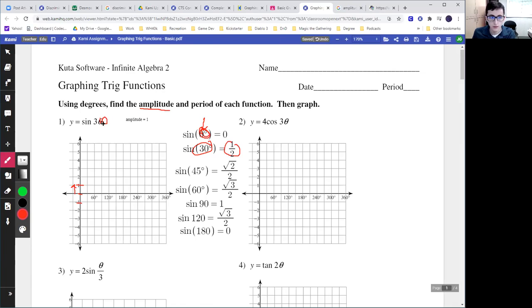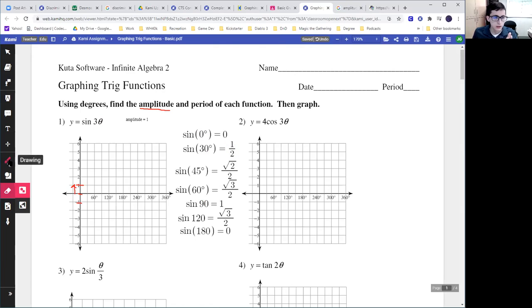If I put in 30, then it'll just be sine of 90, but it doesn't change the fact that its sine will still be limited between 1 and -1. Does that make sense so far? Okay. We're getting some yeses in the chat.